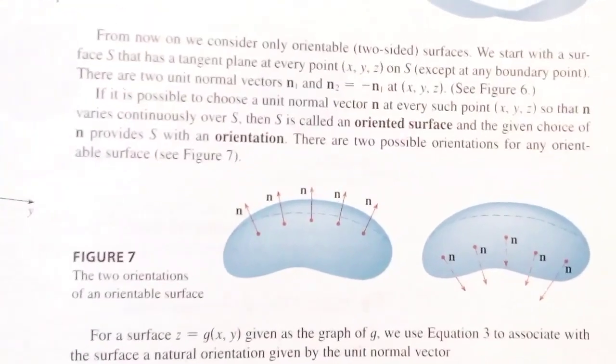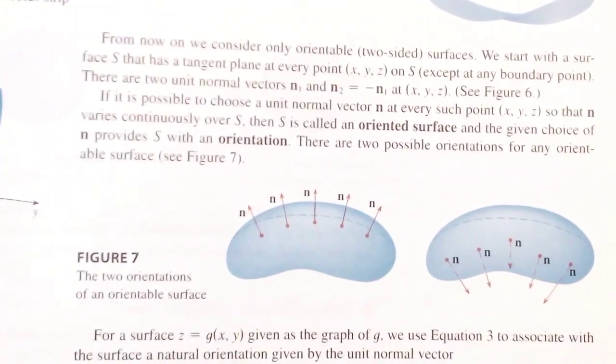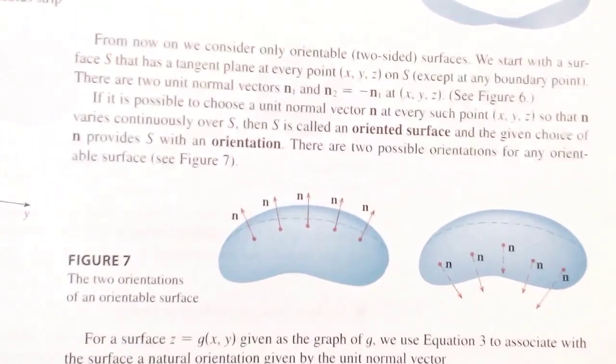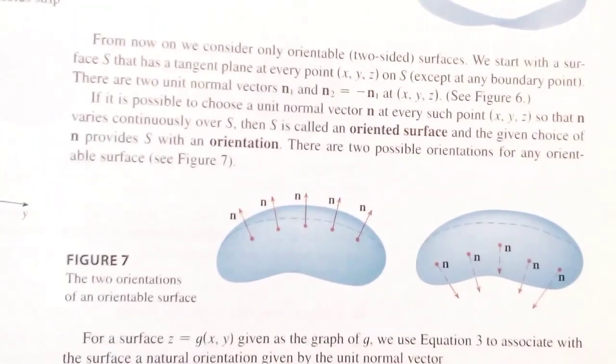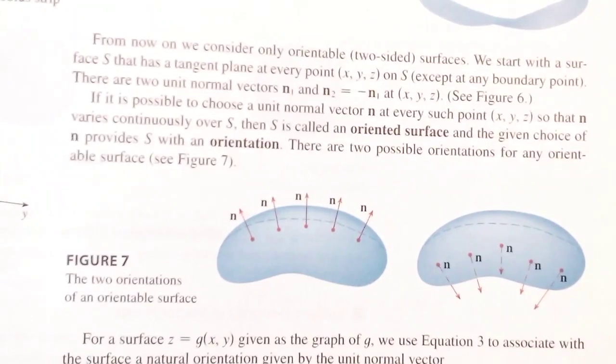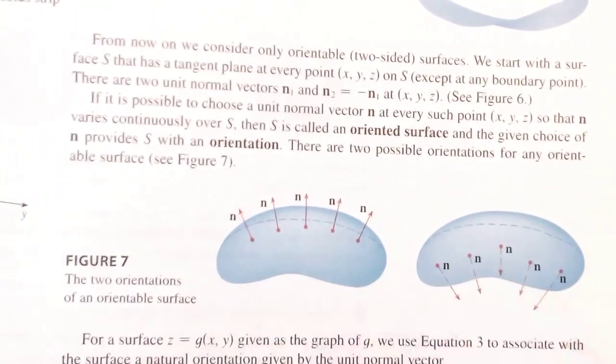But if I have an oriented surface, then I could say the normal vector either goes up or it goes down, and I can tell you which way I want to think of the surface. The advantage is that these normal vectors can be described by the cross products we were taking.